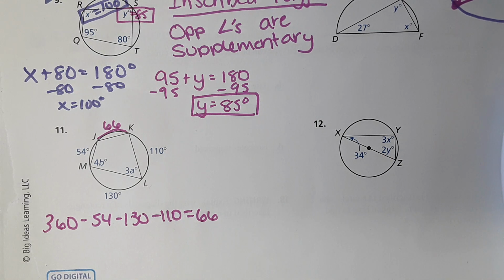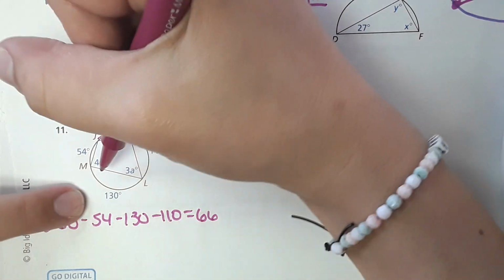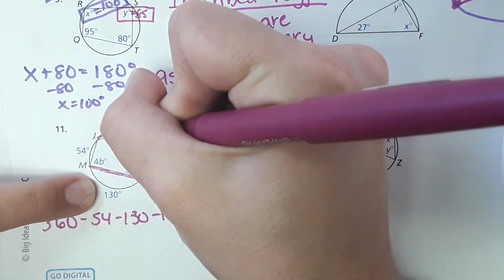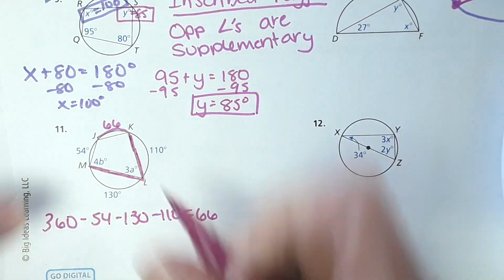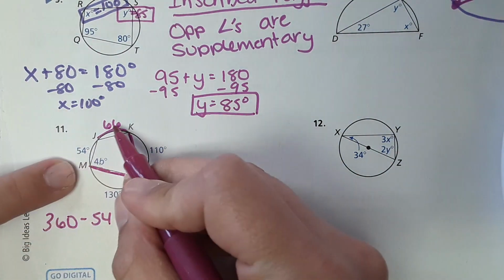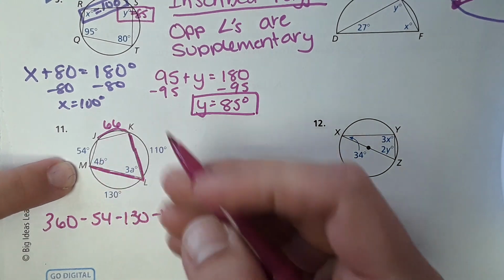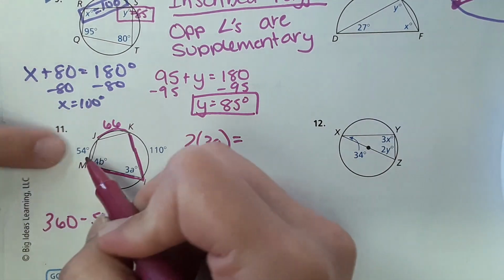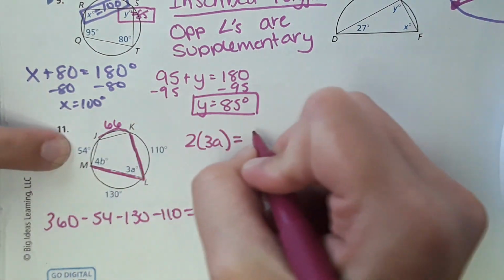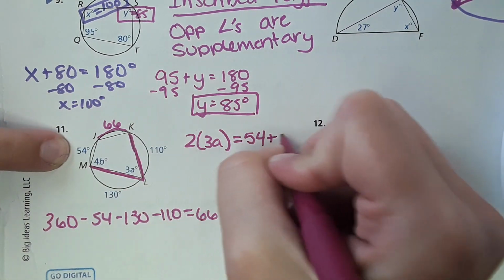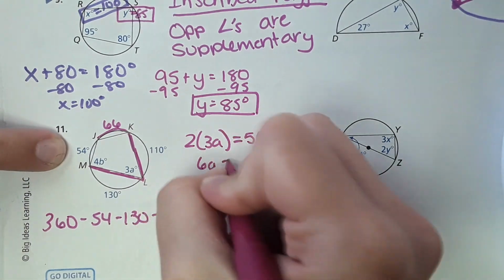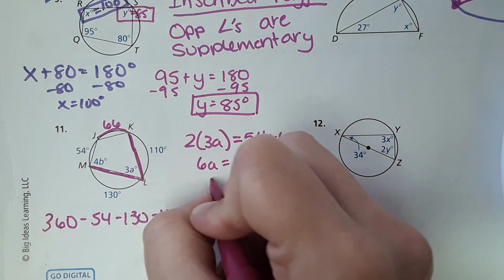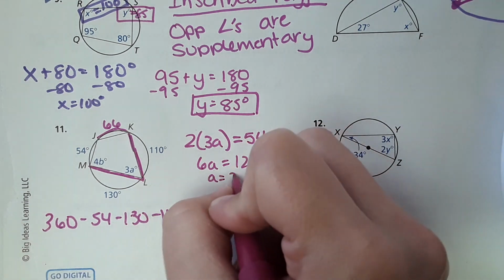Okay, so looking at this, to find these variables, let's start with A. I have an intercepted angle right here. So that means this times 2 equals this arc measure. So 2 times 3A equals 54 plus 66. This adds to 120, and then A equals 20.